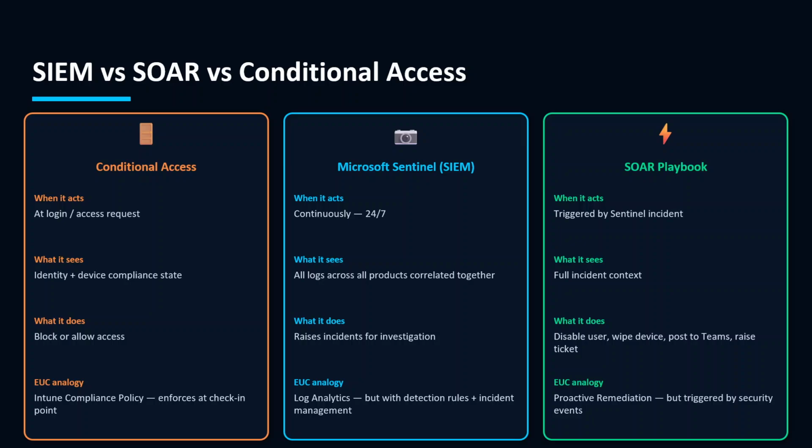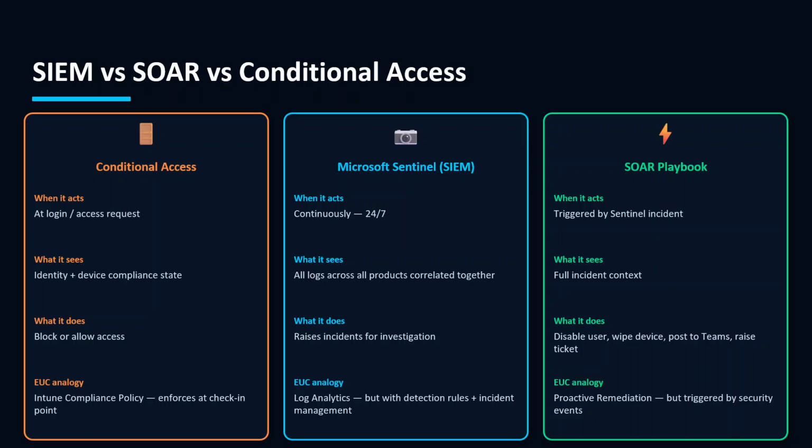Sentinel is the full security system inside the building: camera, motion sensor, analytics. It watches what is happening continuously, not just at your door. When it sees something suspicious, it can connect the dots across multiple data sources.